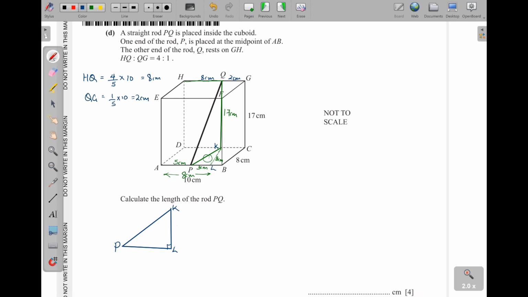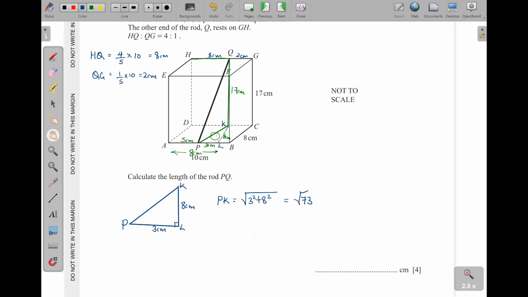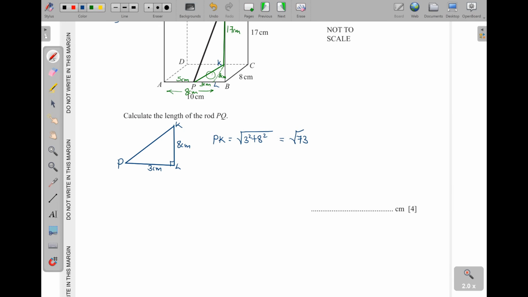So this is 8 centimeters. This is 3 centimeters. We need to find PK. So using Pythagoras theorem, it will be the square root of 3 squared plus 8 squared. 64 plus 9. That one gives us 73. So root of 73. Now, we can bring this one and we say this other one, which is going to give us P.